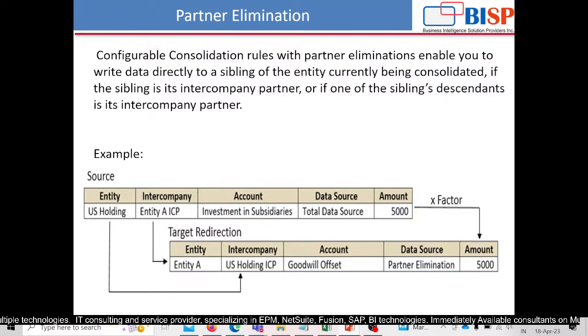This enables us to write data directly to a sibling of the entity currently being consolidated if the sibling is its intercompany partner, or if one of the siblings' descendants is its intercompany partner.